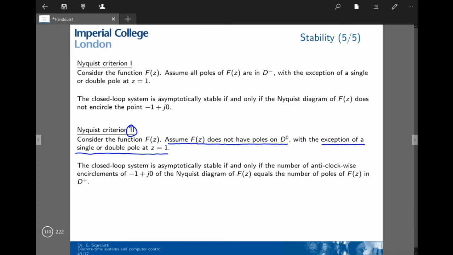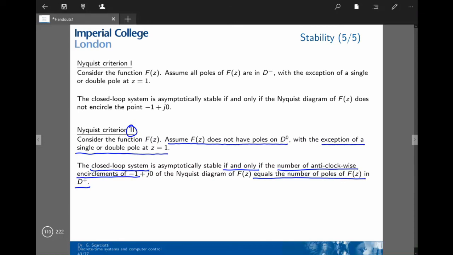Now we have a criterion for this case. The closed loop system is asymptotically stable if and only if the number of anticlockwise encirclements of -1 of the Nyquist diagram is equal to the number of poles of f of z in D+. So this is a more general version of the criterion.